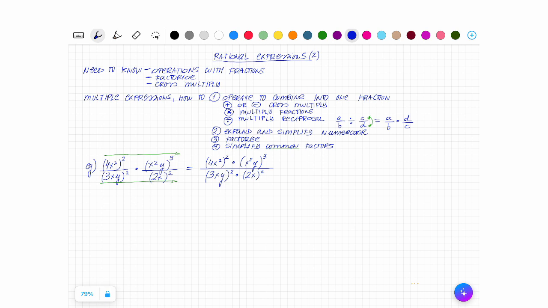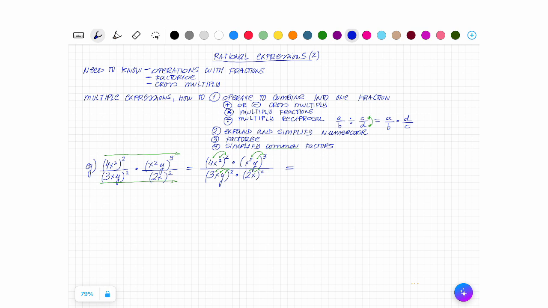Okay, so now I'm going to use the screen a bit better. Just put it here, and I've got powers of powers, so I'm going to start bringing these ones inside. Remember that this applies to everything inside my brackets, and then I will worry about simplifying later.